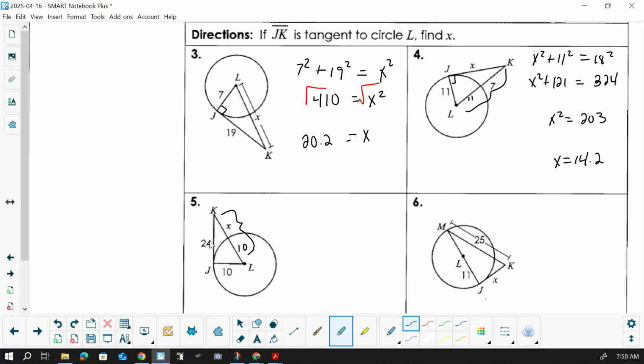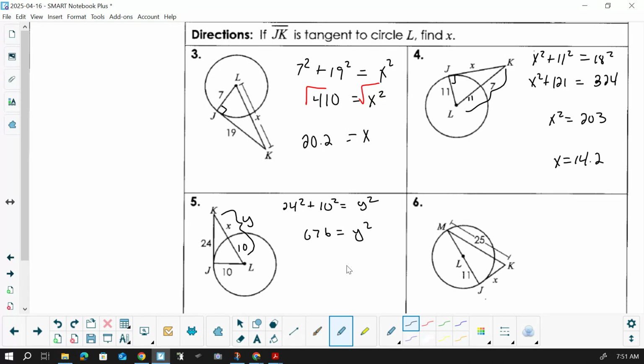Okay, so we're going to do 24 squared plus 10 squared equals, I'm going to call this y just temporarily. That'll make it easier. This is a nice little trick you can learn. I can find this whole side. Once I find it, then I can figure out what x is. 24 squared and 10 squared, if I square this, add them together, we get 676.